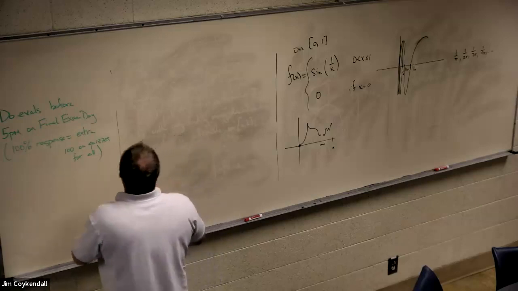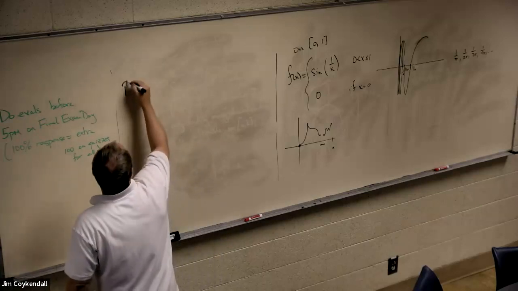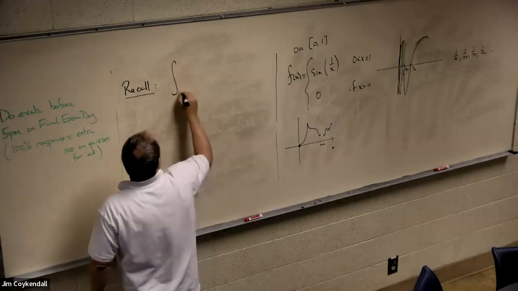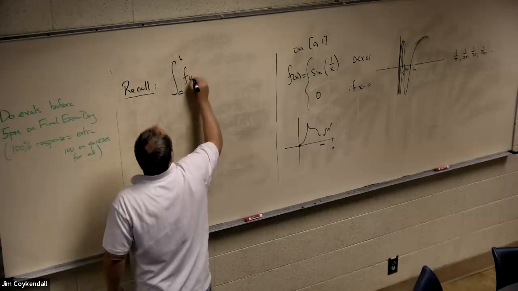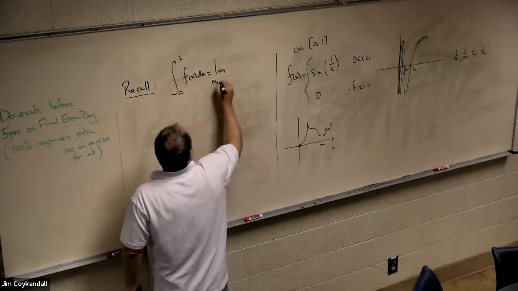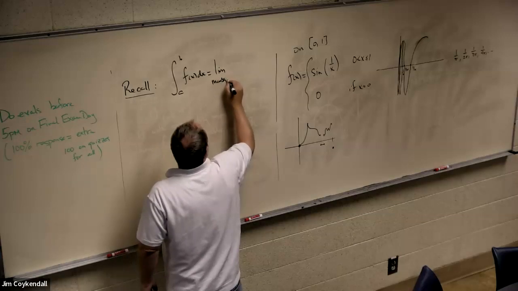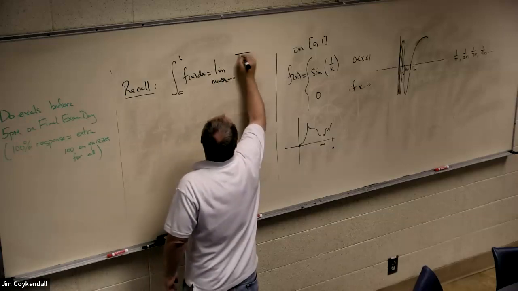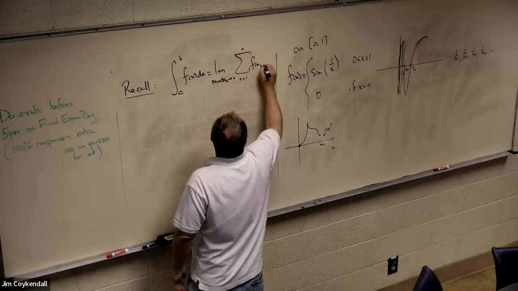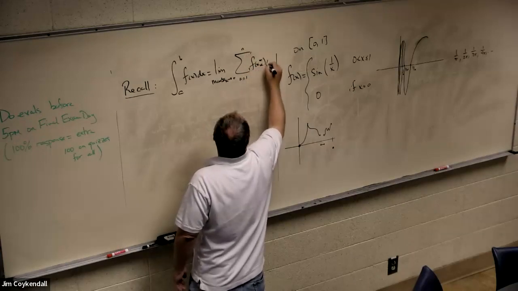So recall first that the integral from a to b of f(x) dx is the limit, as the max delta x_k goes to 0, of the sum of f(x_k star) delta x_k.